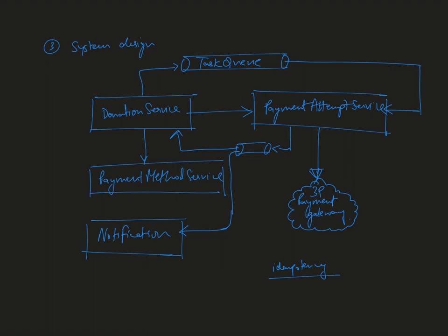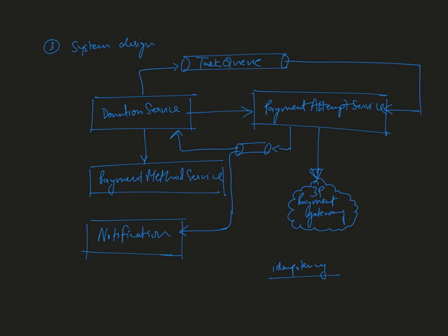So you can have a field called idempotency key on the donations table. You can have an index on it. Whenever a request comes in, the first thing you do is look up the donation and see if there's a donation with that idempotency key. If there is, there's nothing to do. You just return 200, or you just return whatever status was originally returned. And if not, you create a new donation.